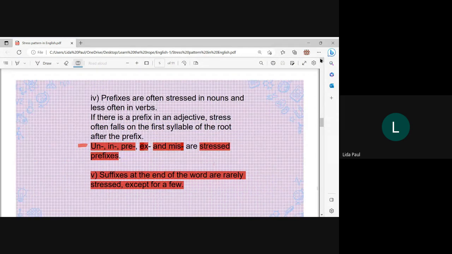Now, about a bit more on prefixes and suffixes. Prefixes and suffixes in certain words do take stress on themselves. However, as a general rule or a general description, keep this in mind that they most often than not do not affect the stress patterns, right? So usually, in general terms, prefixes, particularly prefixes, they don't take any stress on themselves. Suffixes too have that quality.